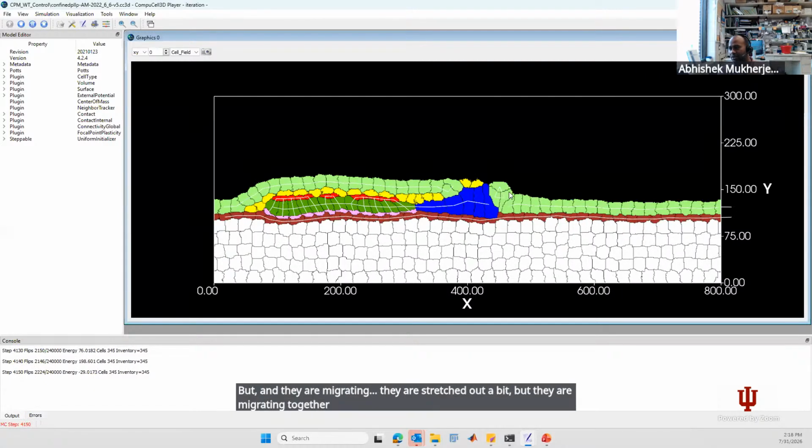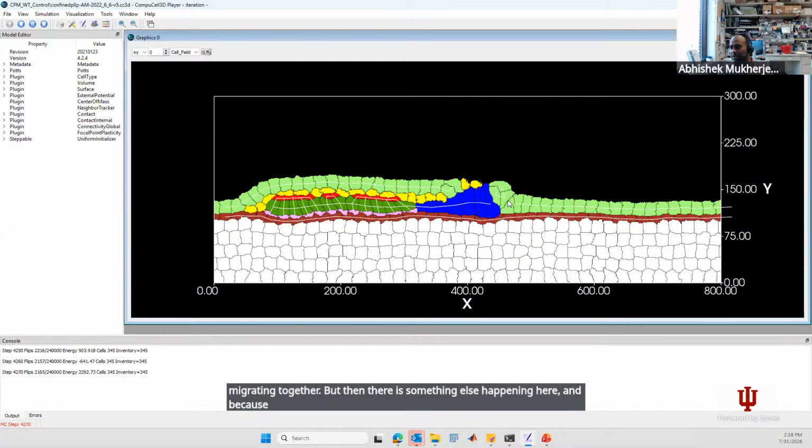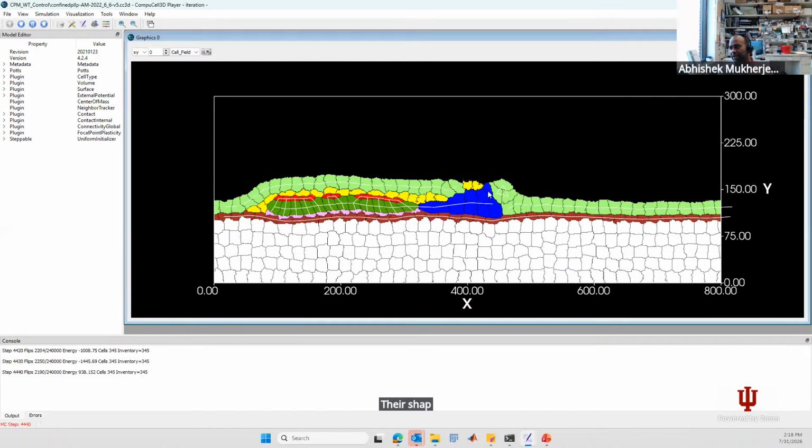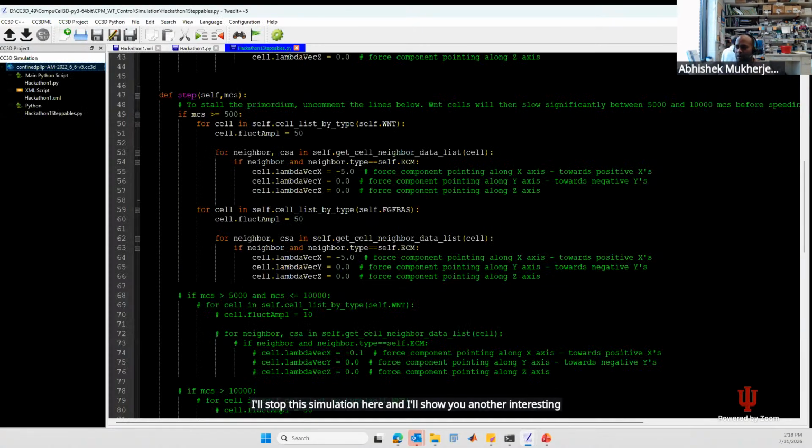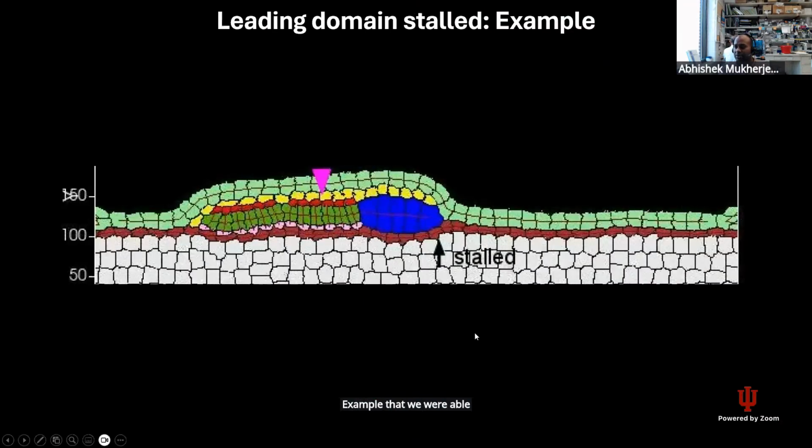But then there is something else happening here, because of which these cells' shapes are getting weird now. So I'll stop this simulation here, and I'll show you another interesting example that we were able to recapitulate.